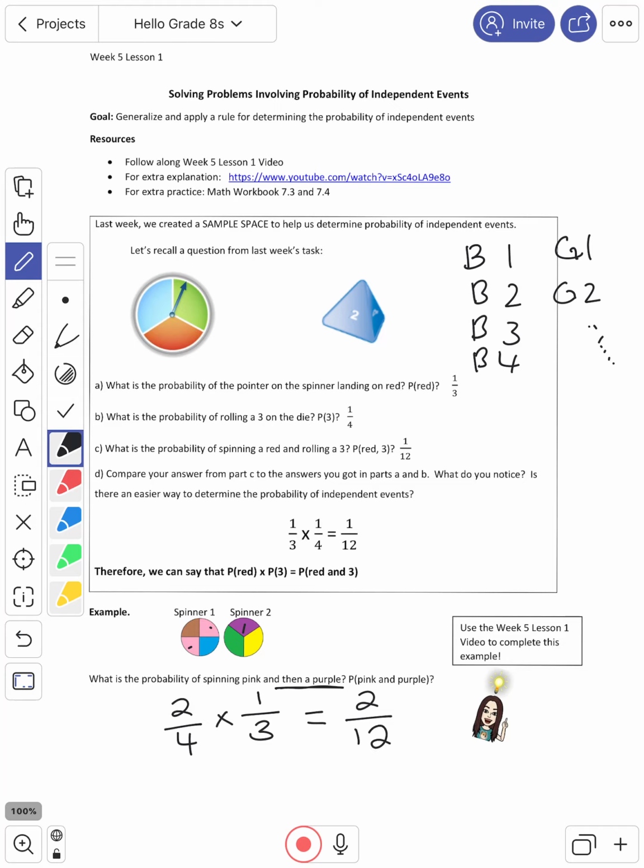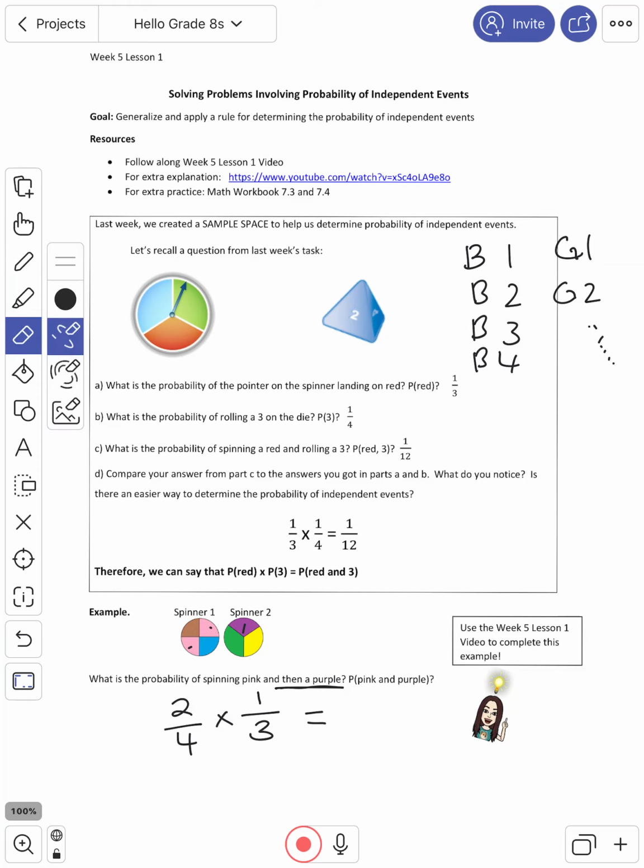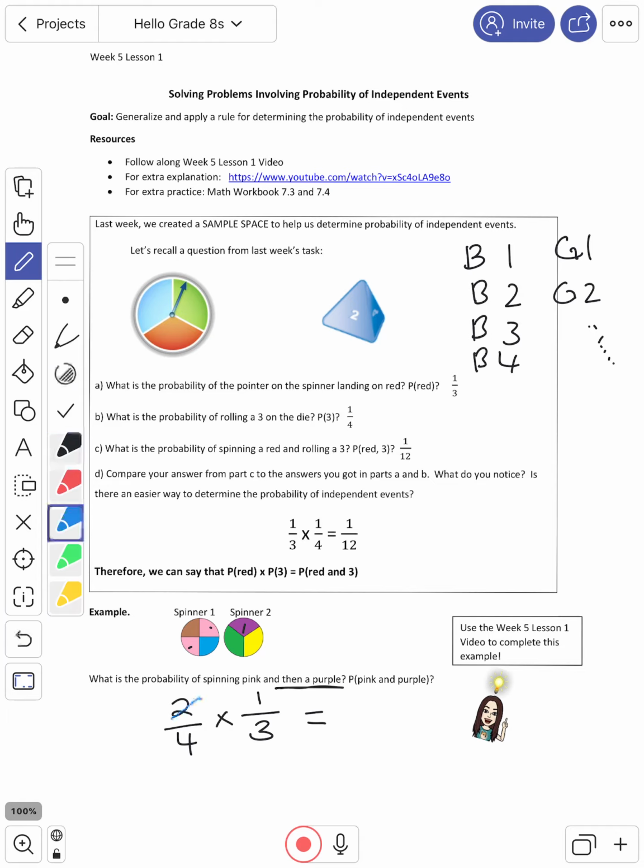And we get 2/3, like this. What I should have actually done is, 2/4 can be simplified before we multiply, right? So let's simplify this to 1/2, and then we get 1/6. So the probability of spinning pink and then a purple, so probability of pink and purple is equal to 1/6.